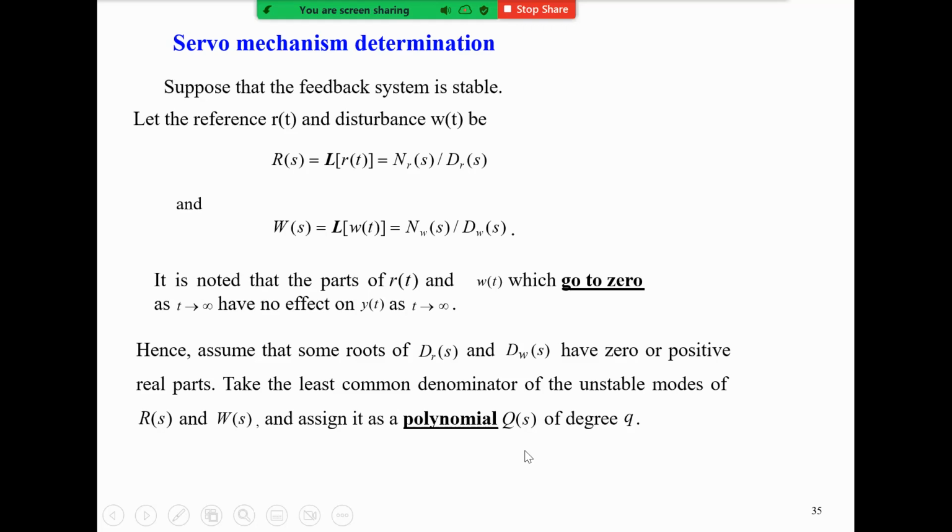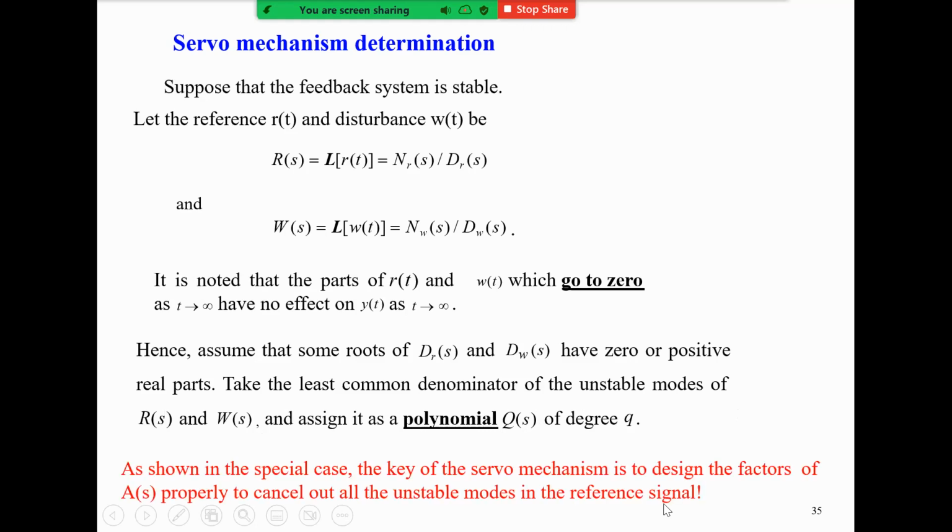Okay. Now let's define this common denominator of the unstable modes of the reference signal and the disturbance, and then we use a polynomial Q to denote that. So Q is this common denominator of the unstable factors of the R and W. Okay.